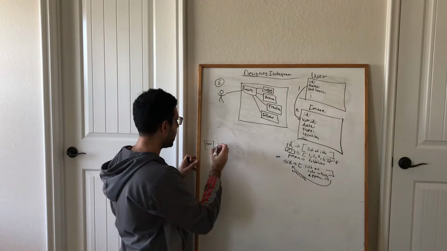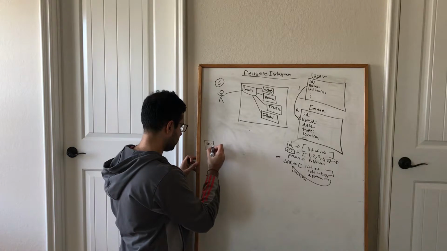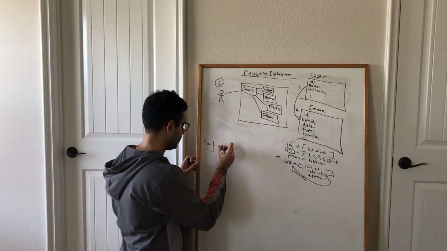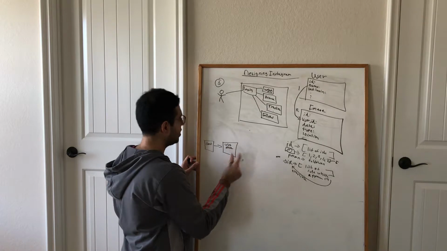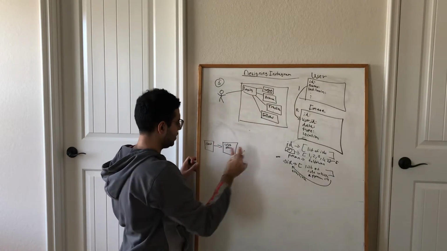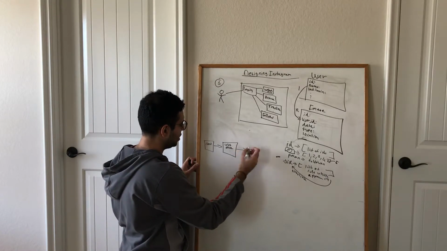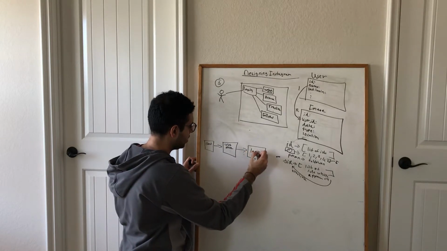Our client will talk to, let's say, a web server through HTTP. Then we have the same kind of flow going on. The web server will go to a login service.